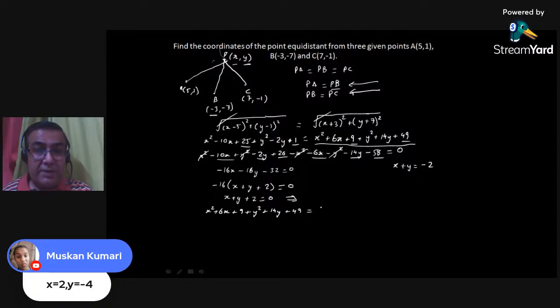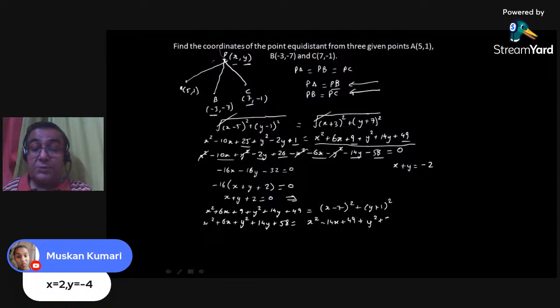PC will then be equal to x minus 7, because x here and 7 here. So x minus 7 whole square plus y minus of minus 1. So that becomes y plus 1 whole square. So this becomes x square plus 6x plus y square plus 14y plus 58. That should be equal to x square minus 14x plus 49 plus y square plus 2y plus 1.